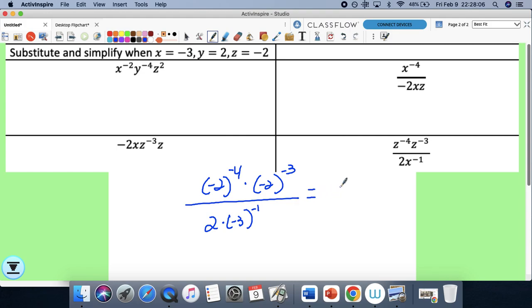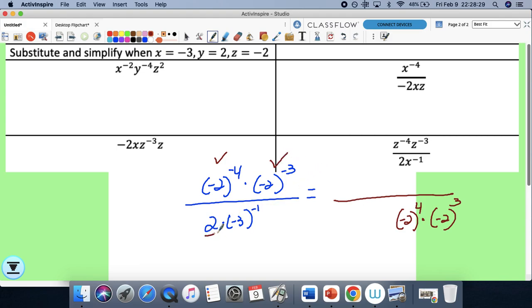If you don't want to deal with any negative exponents, make the proper changes. So negative 2 to the negative fourth power, I'm going to write it over here and make that 4 positive. Done. Same thing with this one: I bring it to the denominator and make that negative 3 to the 3. Done. So these two are taken care of.